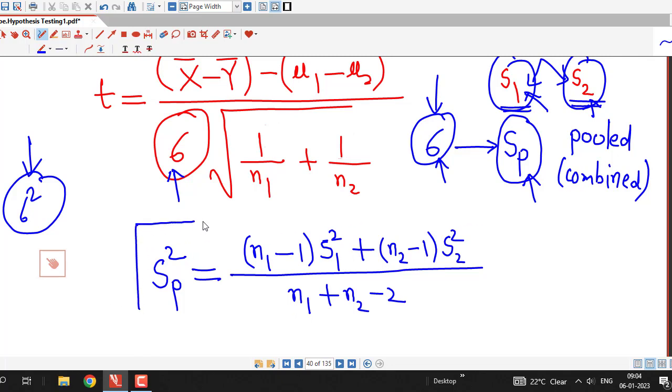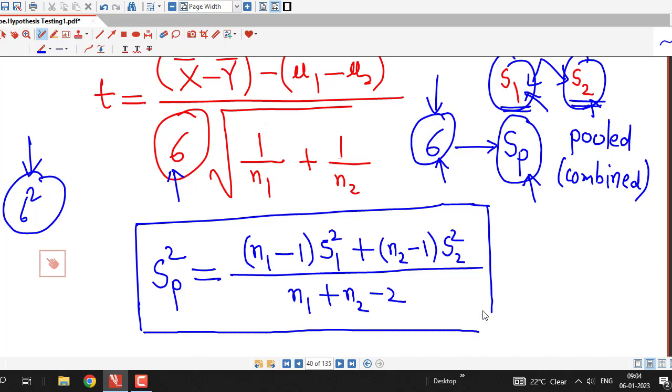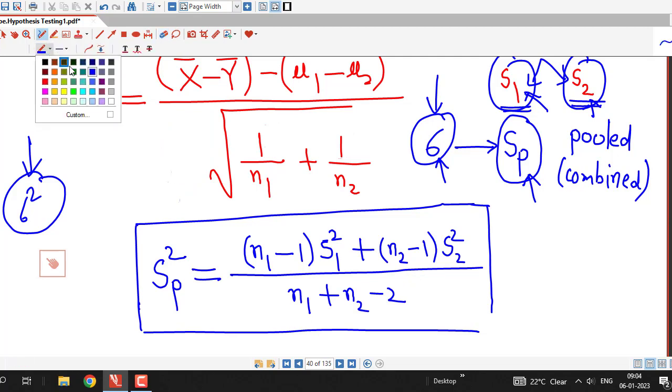So we have to remember this formula. This is called the pooled variance or pooled estimator of population variance. So we will replace this population variance, which is unknown, by this S suffix P.